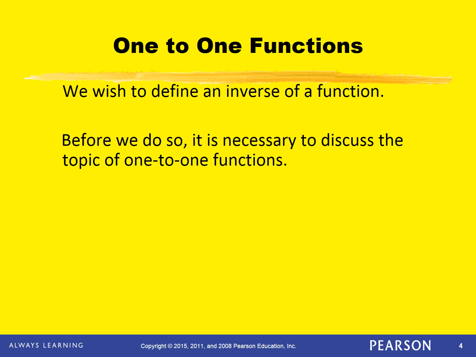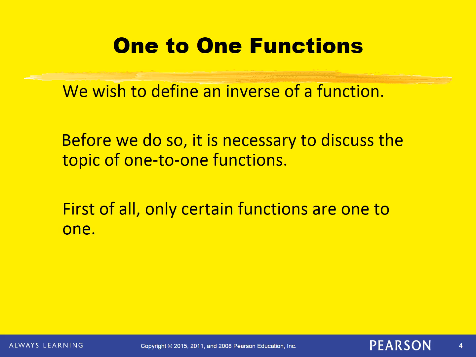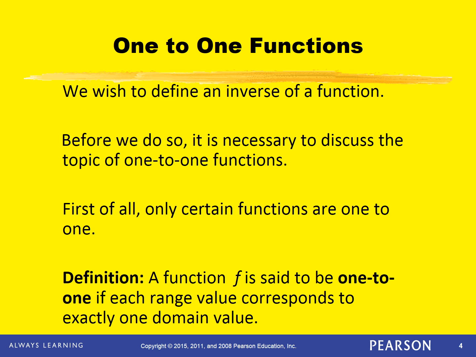Before we do so, it is necessary to discuss the topic of one-to-one functions. Okay, so here's this whole other idea, but you actually do need it. You'll have to trust us. You actually do need it in order to understand the idea of inverse. Only certain functions are one-to-one or have inverses.